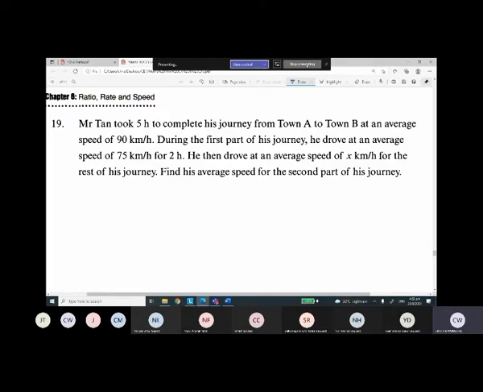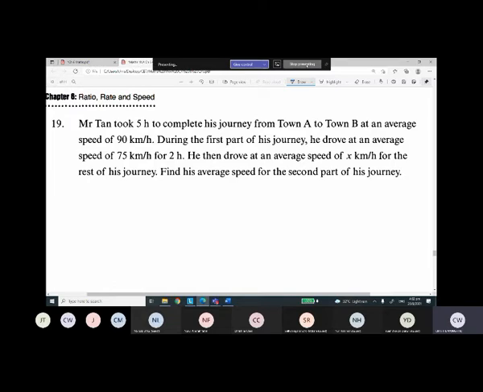Yeah, that is it. Okay, but it's not so straightforward because the question says that during the first part of his journey, going from Ang Mo Kio to Choa Chu Kang, before reaching Choa Chu Kang he reached Bukit Timah first.